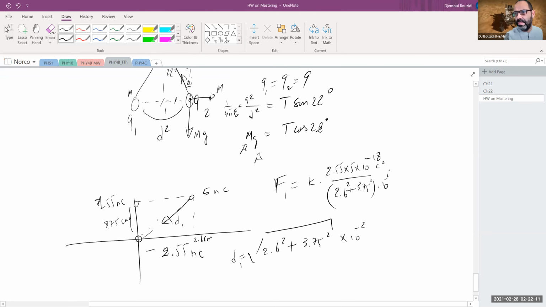And this is F1 in magnitude, not in direction.